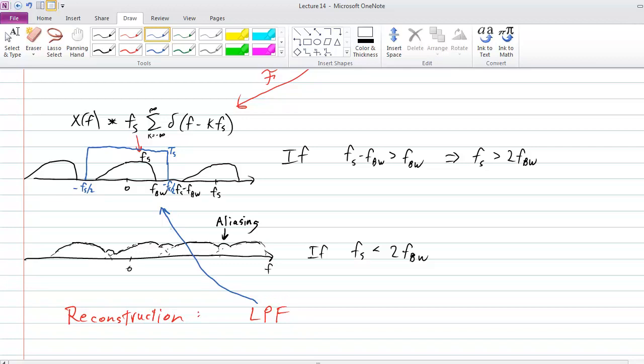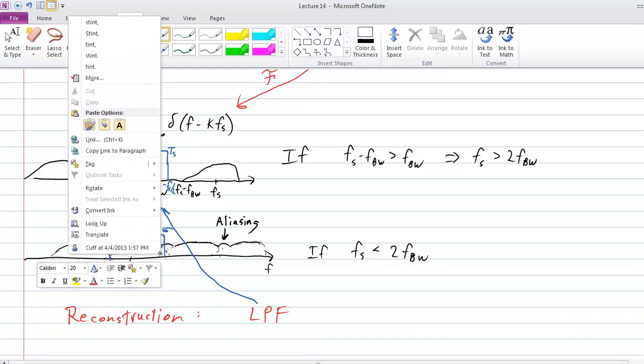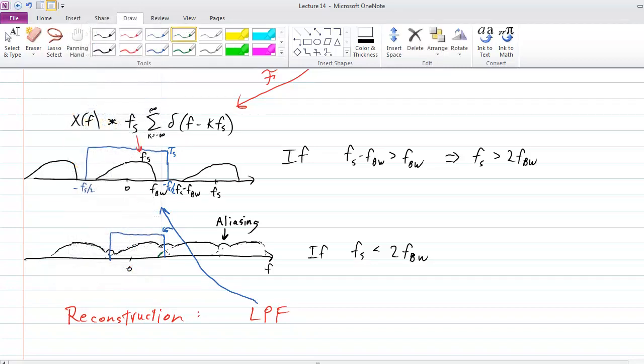Now in the bottom case, if you try to do that, what you see is that this part, let me highlight it here, this frequency content here and this frequency content here actually came from a higher frequency.